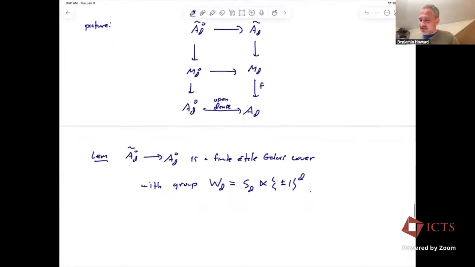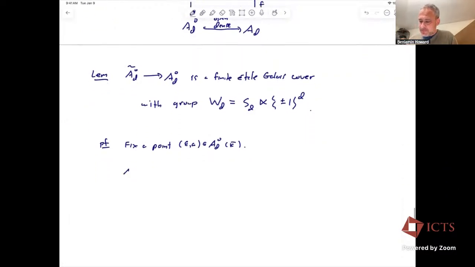So here's the idea of the proof. Fix a point downstairs. What does it mean to give a point of this AD tilde above it?